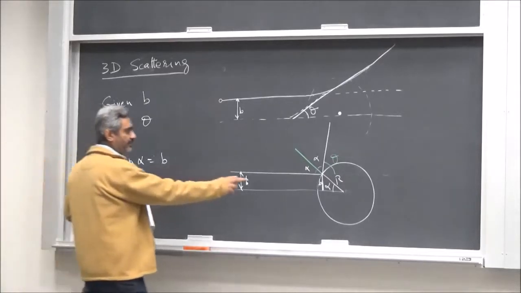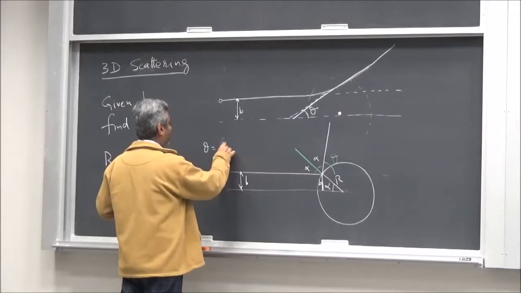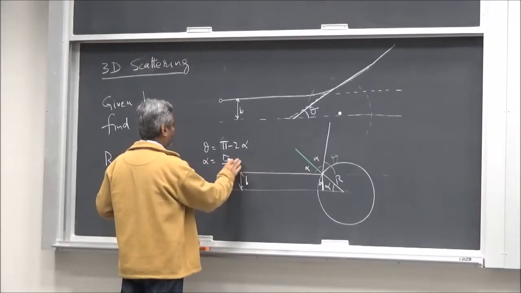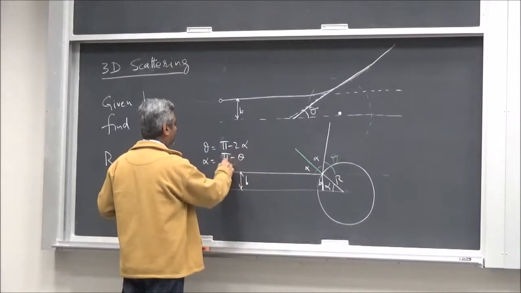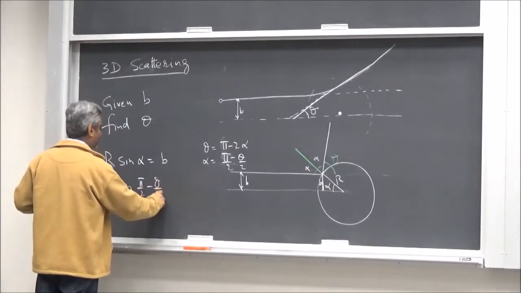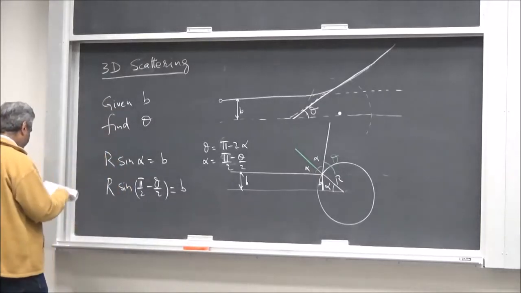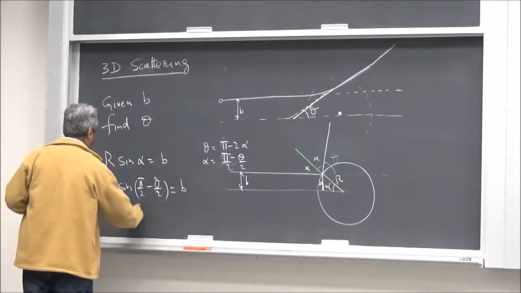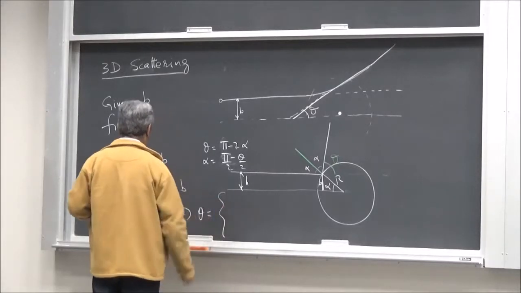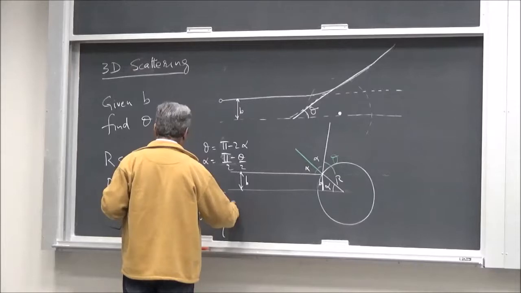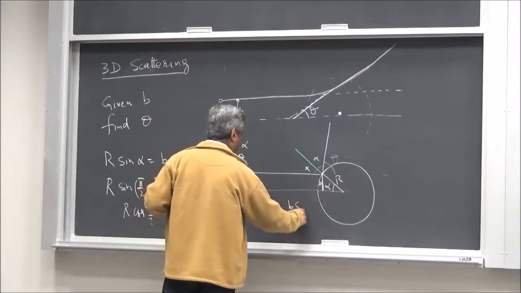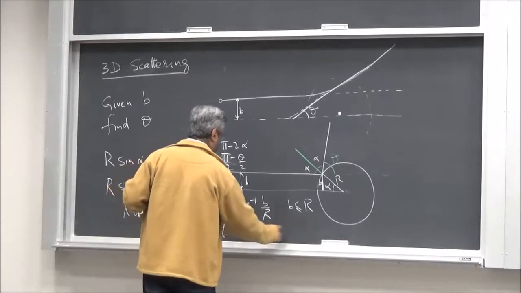And theta is pi minus 2 alpha, and so alpha is pi by 2 minus theta over 2, and so R sine of pi by 2 minus theta over 2 is b, which is R cos theta over 2 equals b, which implies that theta is 2 cos inverse of b over R if b is less than or equal to R, and is 0 otherwise.